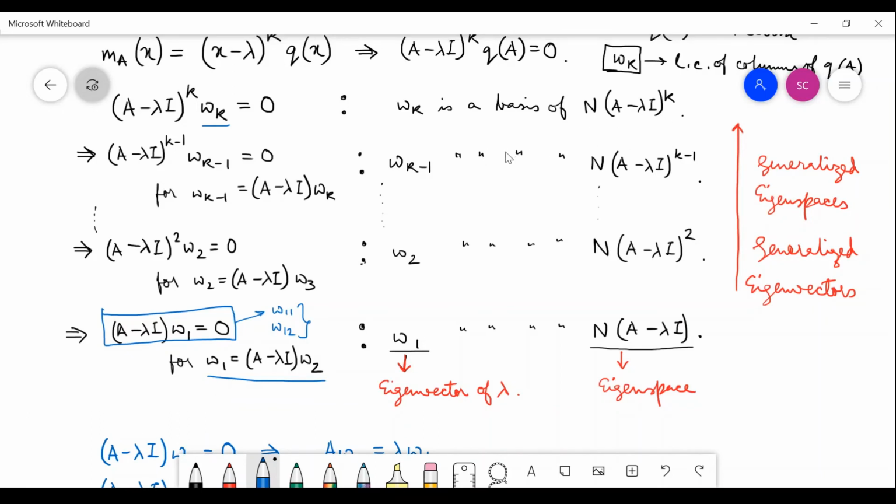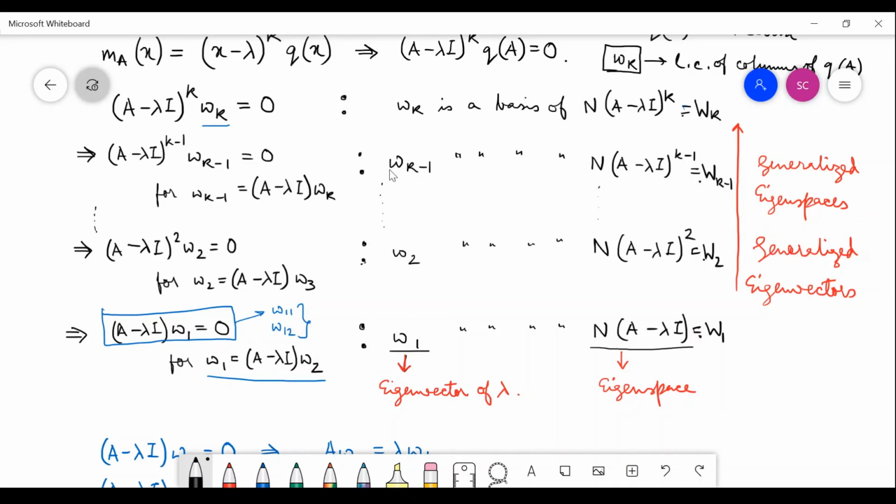Let me term these as omega k, omega k minus 1, up to omega 2, omega 1. Then omega k is a new basis vector of Wk.